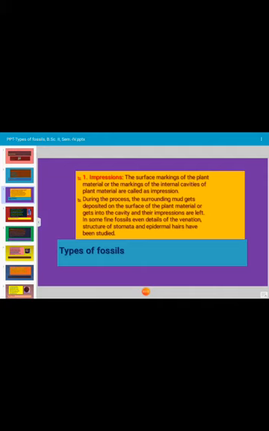In some fine fossils, even details of the venation of leaf, structure of stomata, and the epidermal hairs have been studied. In such impressions, the plant material itself had decayed or turned into coal.